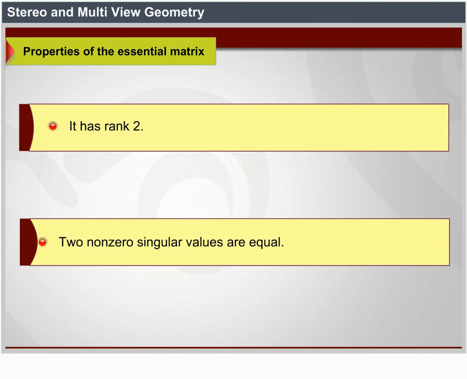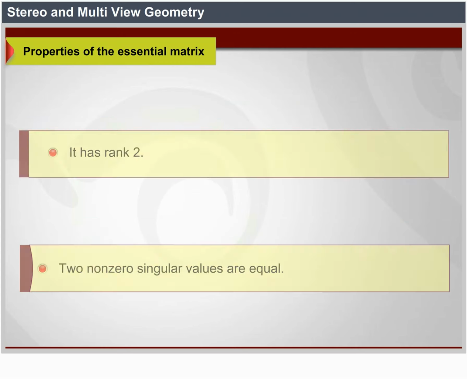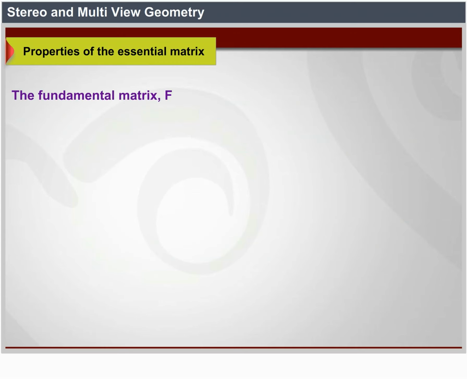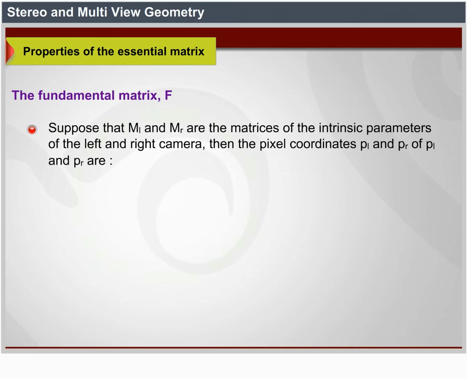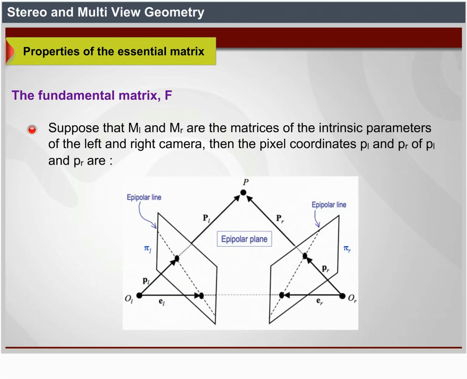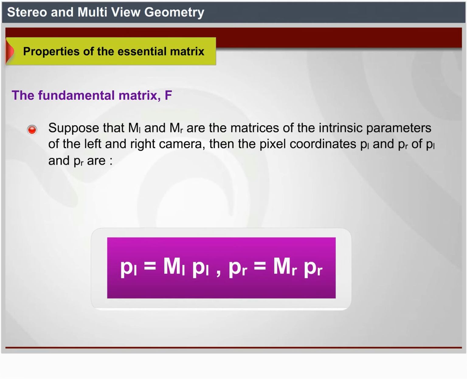The fundamental matrix F. Suppose that ML and MR are the matrices of the intrinsic parameters of the left and right camera, then the pixel coordinates pL and pR of PL and PR are pL equals ML into PL, pR equals MR into PR.